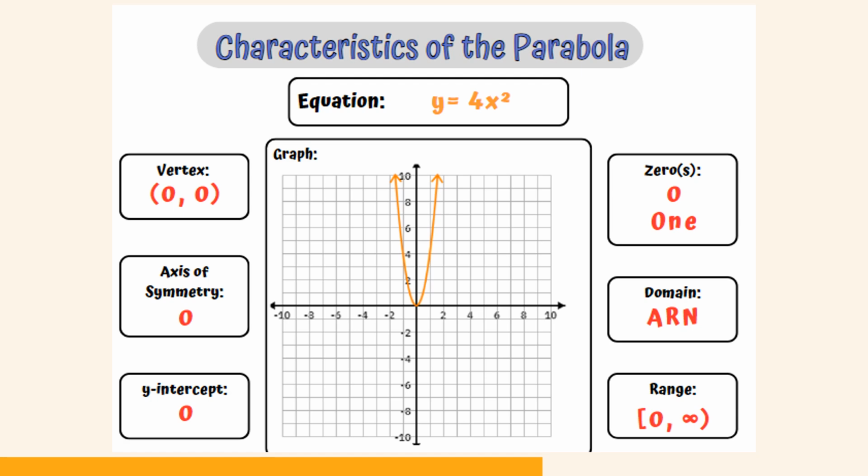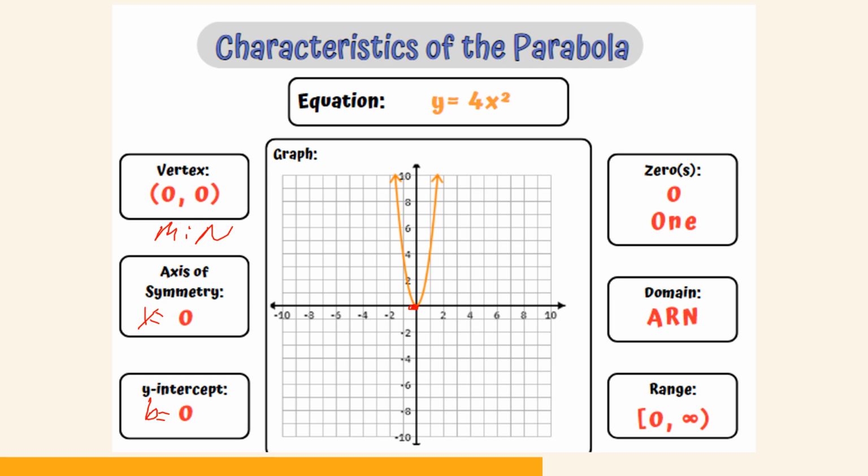So our vertex, it's 0, 0. We've seen that answer before. But the sides of our valley are much steeper. Since we're in a valley, we know we've got a minimum value. Our axis of symmetry is still x equals 0. Our y-intercept is still 0.